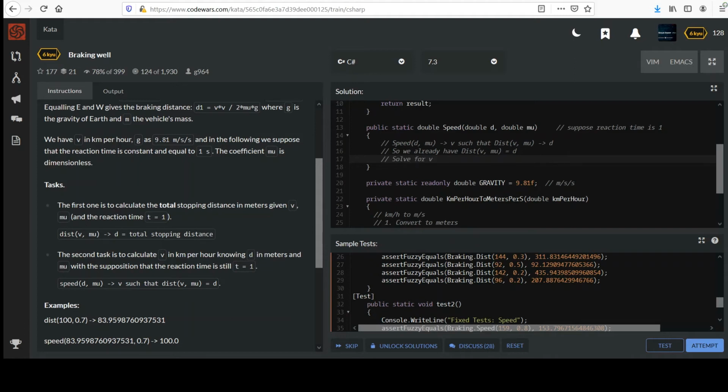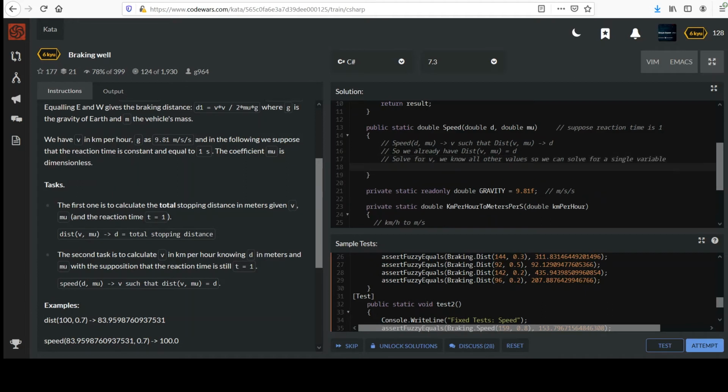All the other values are known, so we're not dealing with a bunch of variables, right? We know the values of all of them except for one. So we can solve for a single variable. And then this equation that returns v is exactly what we need for speed. That's precisely what we're looking for.